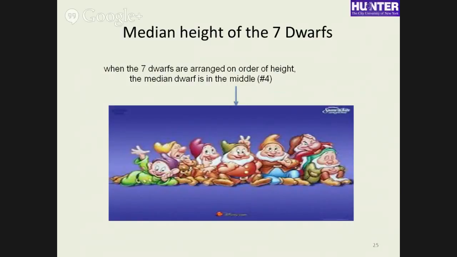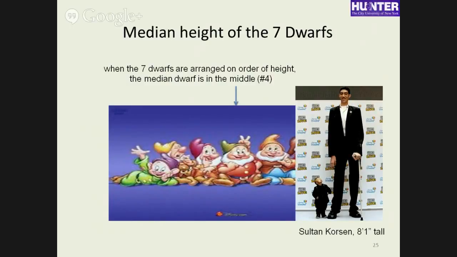So, as an example, you've got 7 dwarves. The median height is just the height of the middle dwarf, the one sitting in the middle when they're arranged. So that's the thing to keep in mind about the median. One is that it's an actual value. I guess unless you have an even number, it can be the average of 2 values.